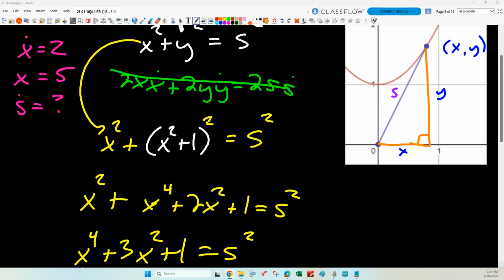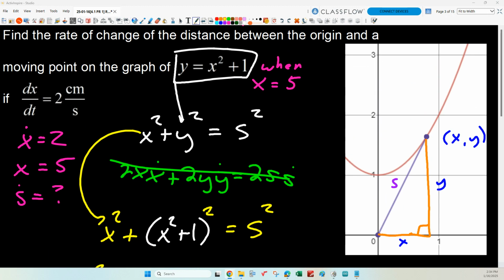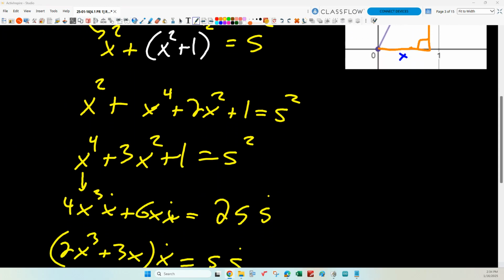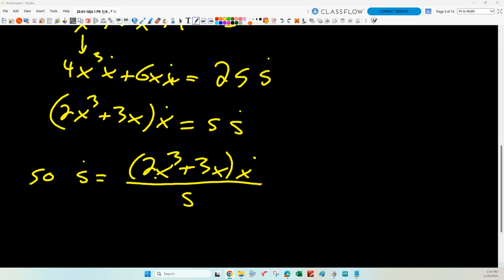I can write s in terms of x's, which I already know. X is 5, isn't it? Yeah. At our snapshot, right? Okay, remember, and that's just s.